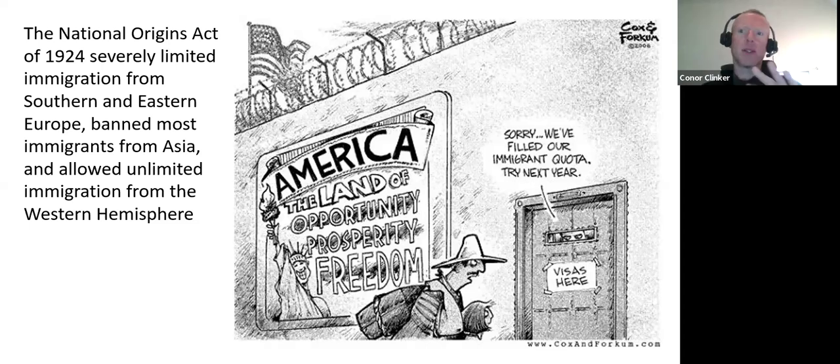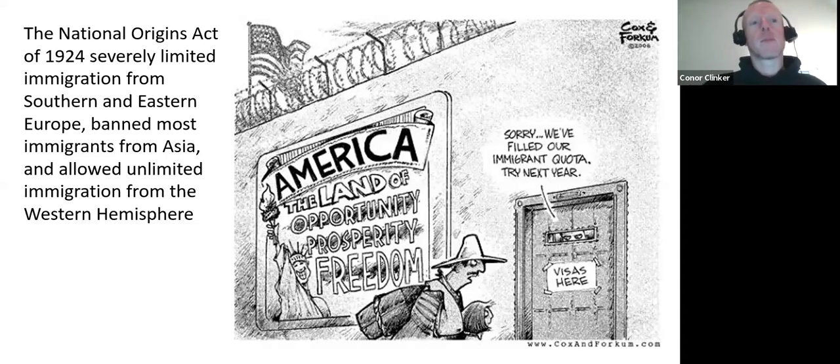Because this is usually portrayed in the text as a law, a policy that was driven almost entirely by racism. And you could certainly make that argument for parts of this law, of course, but if it's purely about racism against non-whites, why is the first thing they're doing severely restricting immigration from Southern and Eastern Europe? It's weird, right? Because Europeans are white, last time I checked.